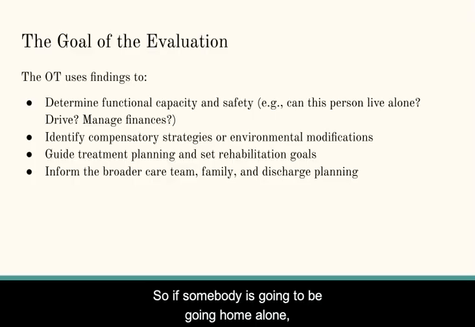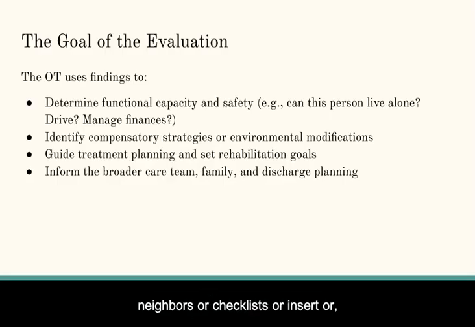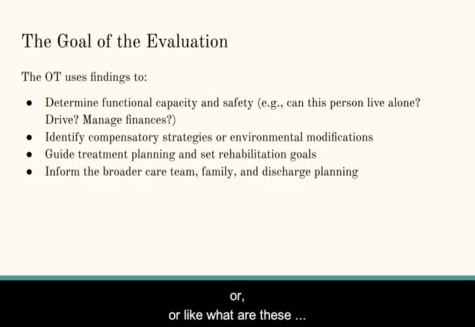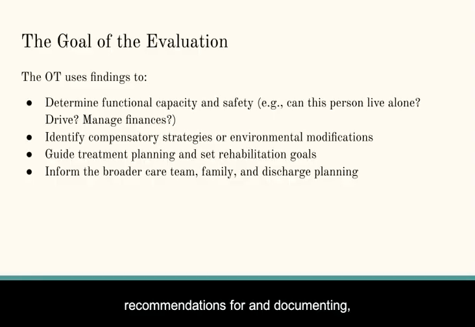So if somebody is going to be going home alone, but they maybe have some memory changes, setting up strategies on the phone, or check-ins for the family, or check-ins from neighbors, or checklists, or what are these strategies or modifications that you're making recommendations for, and documenting.